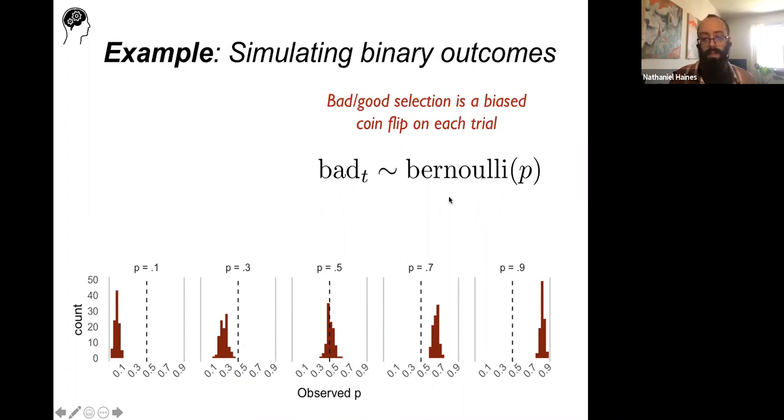In all cases, what we actually would observe for any given run through the task could have come from many different values for p. When we are doing a Bayesian data analysis, what we want to know is, given this is my model of behavior, what is the most likely value for p that could have generated it? That's the core question that we're answering when we're doing Bayesian data analysis.